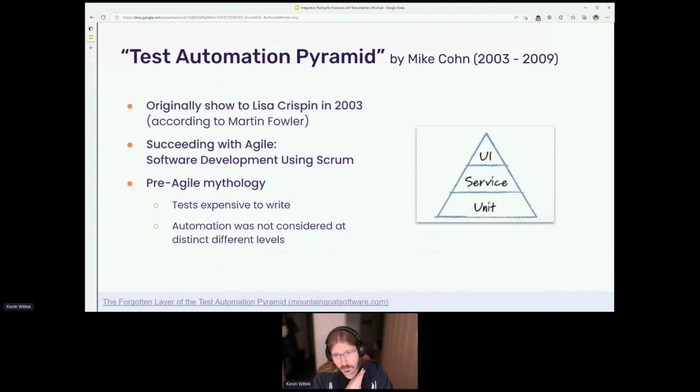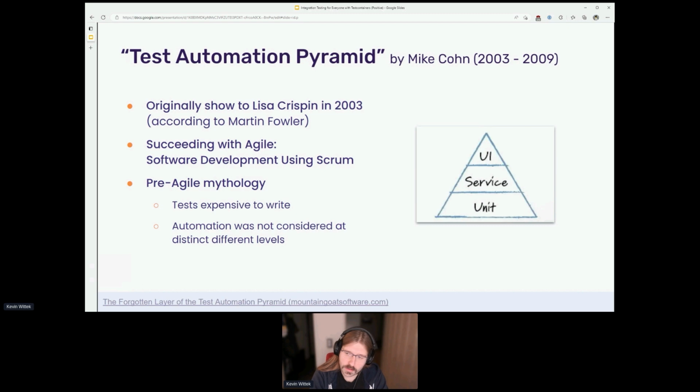When was now the first time this pyramid appeared in the context of software development? I think that was the first occurrence I found, that it first was brought into the community through Mike Cohn, probably around 2003, because there is the recollection from Martin Fowler of an event where Mike Cohn showed this to Lisa Crispin in 2003.